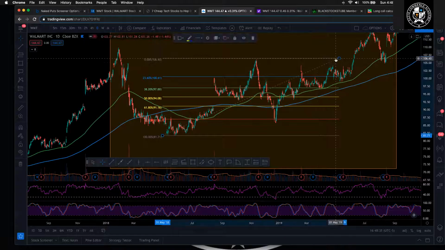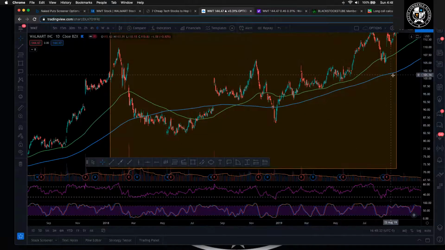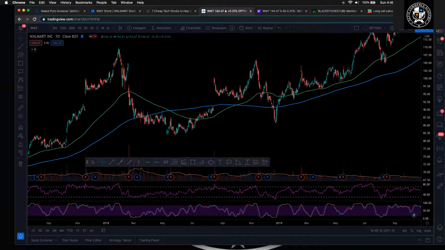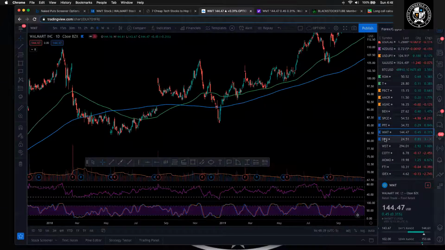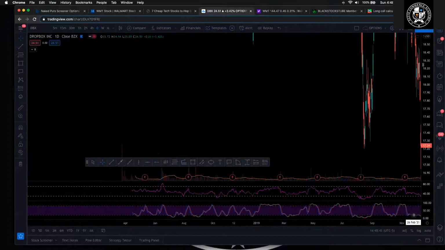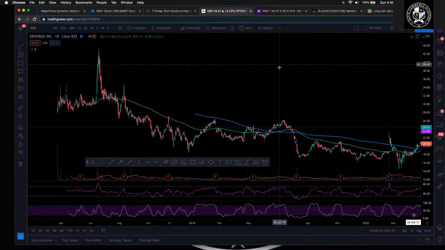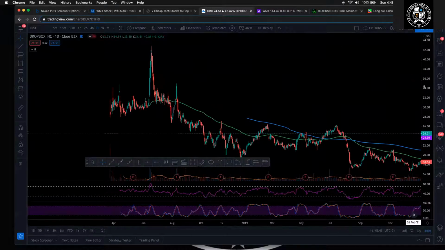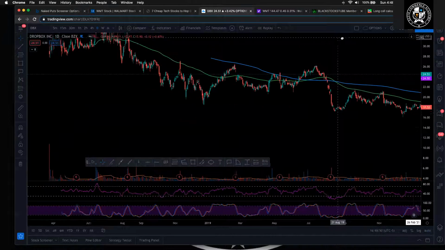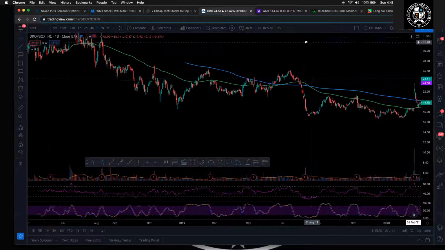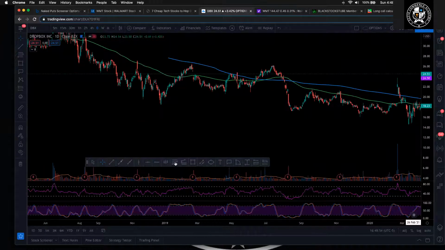So that's one example. Let's find another one. I don't want to use Walmart. Let's find something different. Let's look at Dropbox. All right, so let's use Dropbox as an example to look at bearish movement.